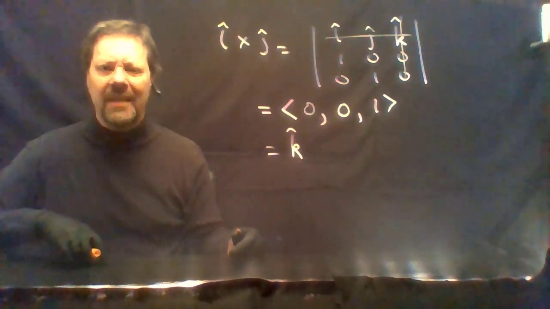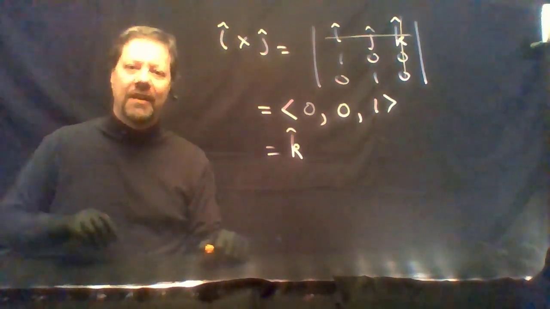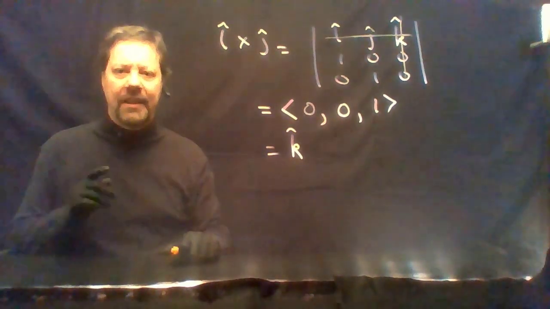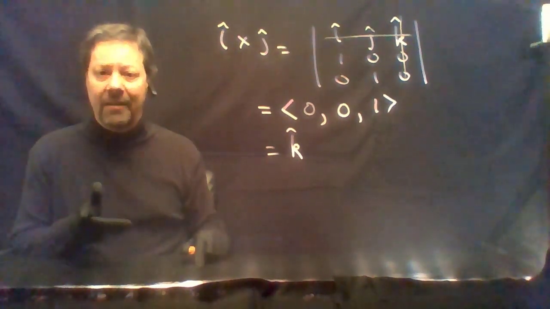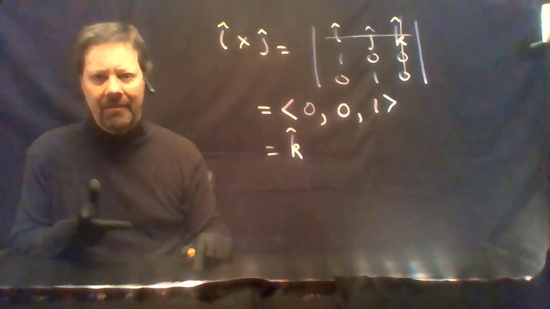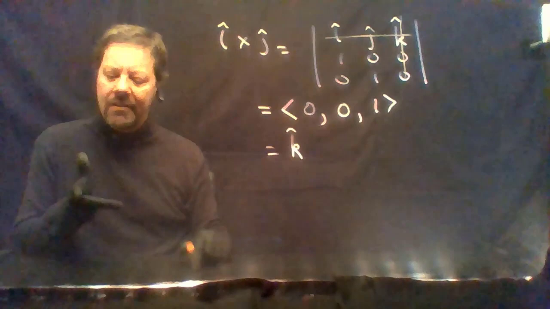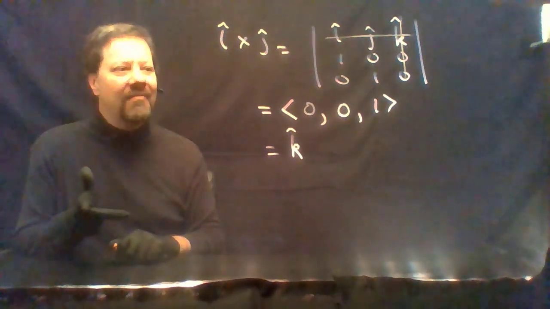There's something called the right-hand rule. If you point your index finger in the direction of the first vector in a cross product, and your middle finger of your right hand in the direction of the second vector, then your thumb will point in the direction of the cross product.